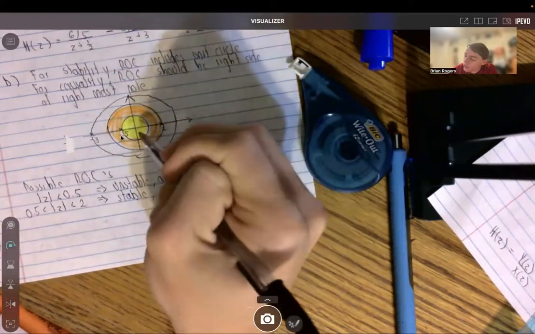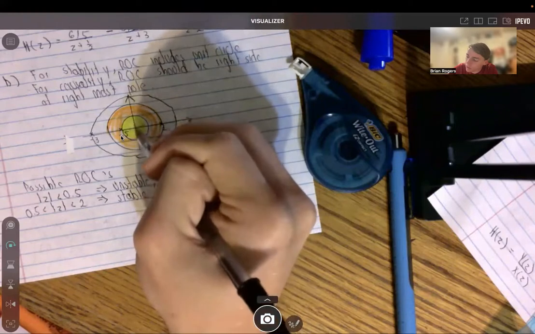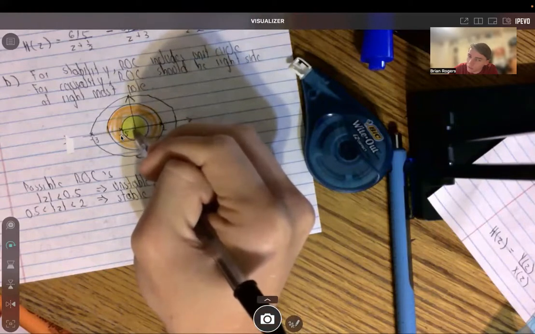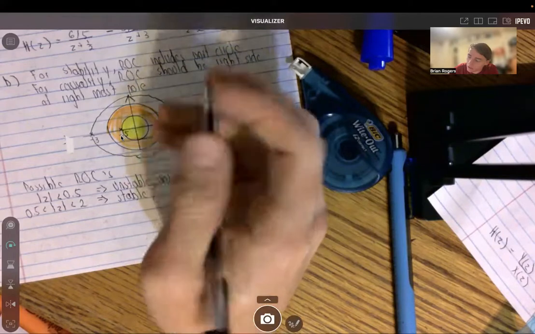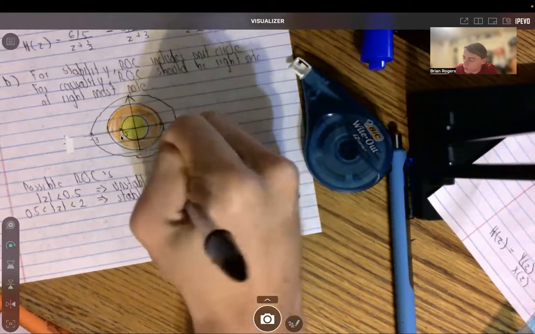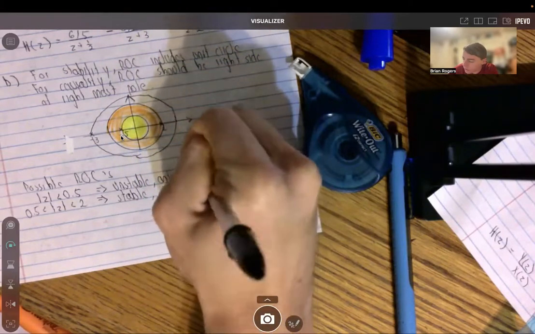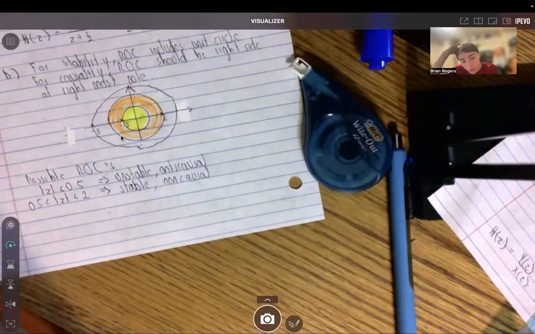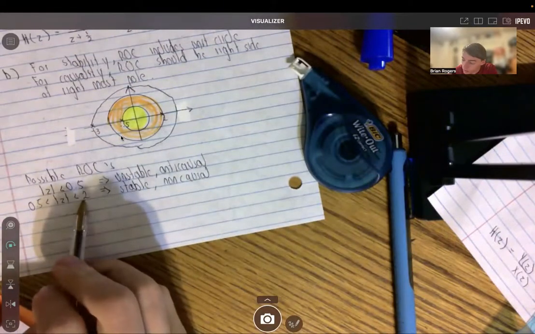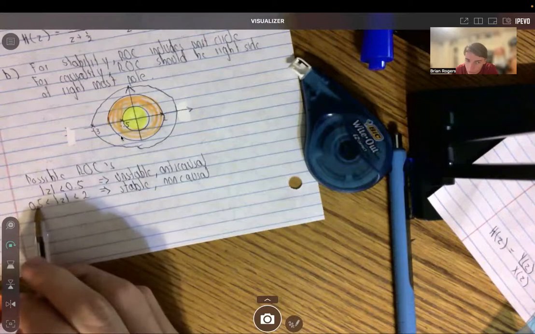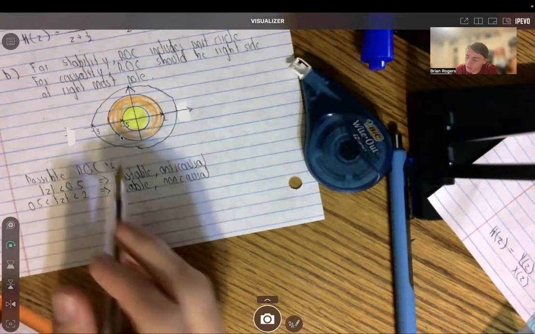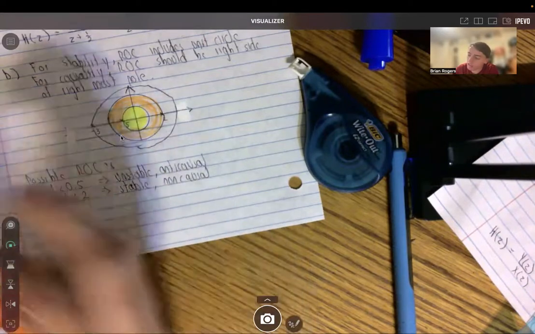But it's not the interior of a circle because it doesn't go down to 0, and it's not the exterior because it doesn't go to infinity. So I'm going to call it non-causal. It's neither anti-causal nor causal, because this part is anti-causal and this part is causal, but it doesn't hit 0 and it doesn't go to infinity, so it is non-causal.